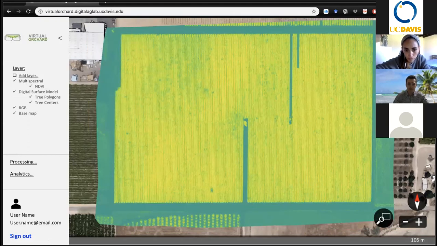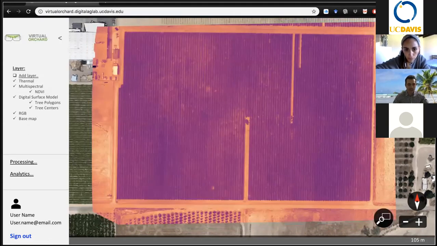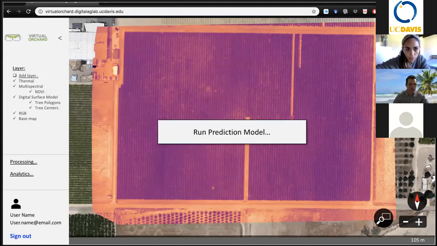The next step, we can add multispectral imagery and any other type of imagery that we have. For example, this is the thermal imagery of the same orchard. And then we need to run the prediction model. So that's all the steps we need to do. It's very easy. It can be done in less than 2 minutes.